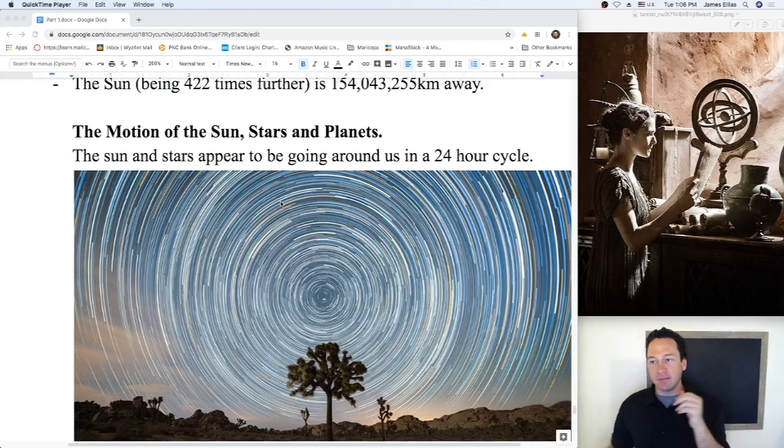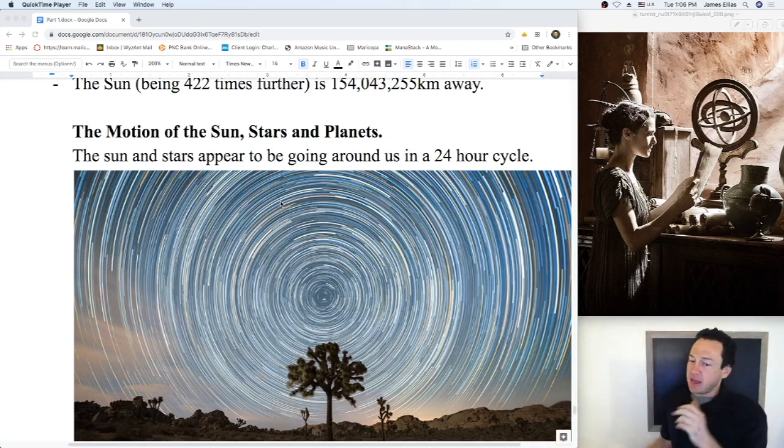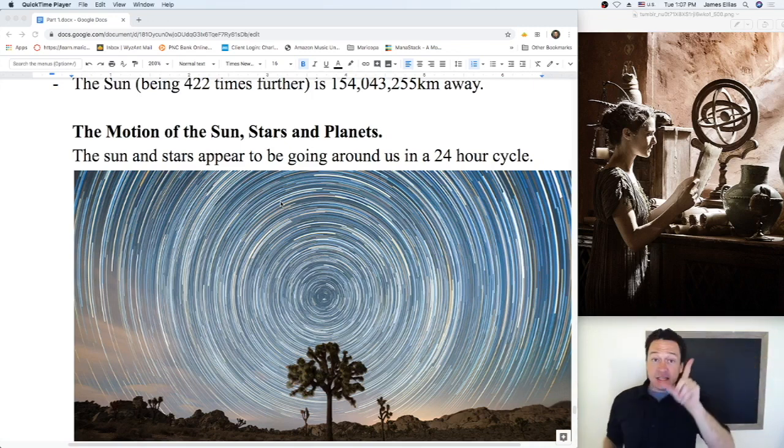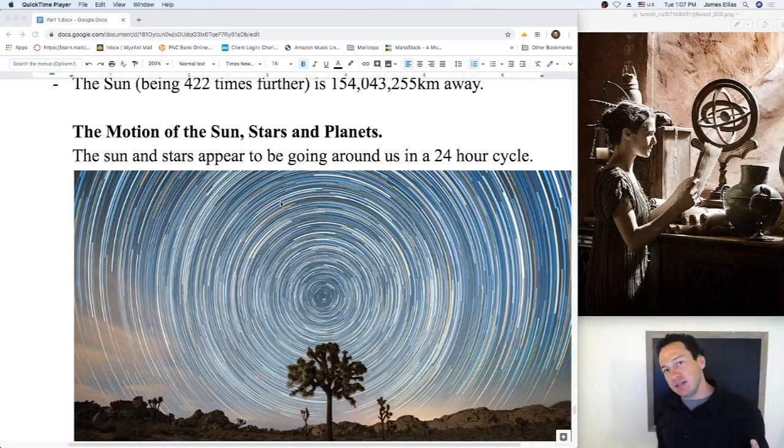This is done with a time-lapse camera here. But they would see that the stars moved in a 24-hour cycle in the same way that the sun did. And so people basically thought, more or less, that the sun and the stars went around the Earth, right? It makes sense. That's what it looks like.